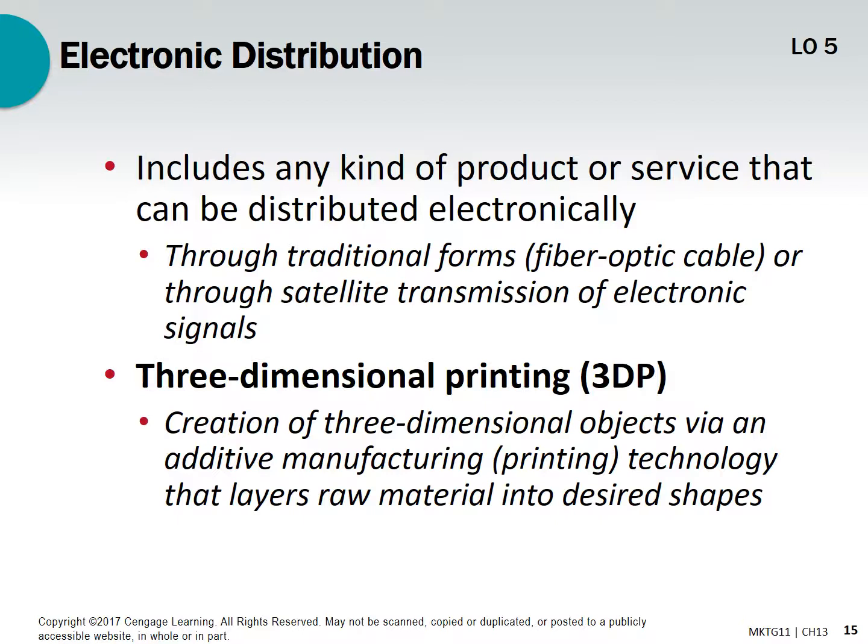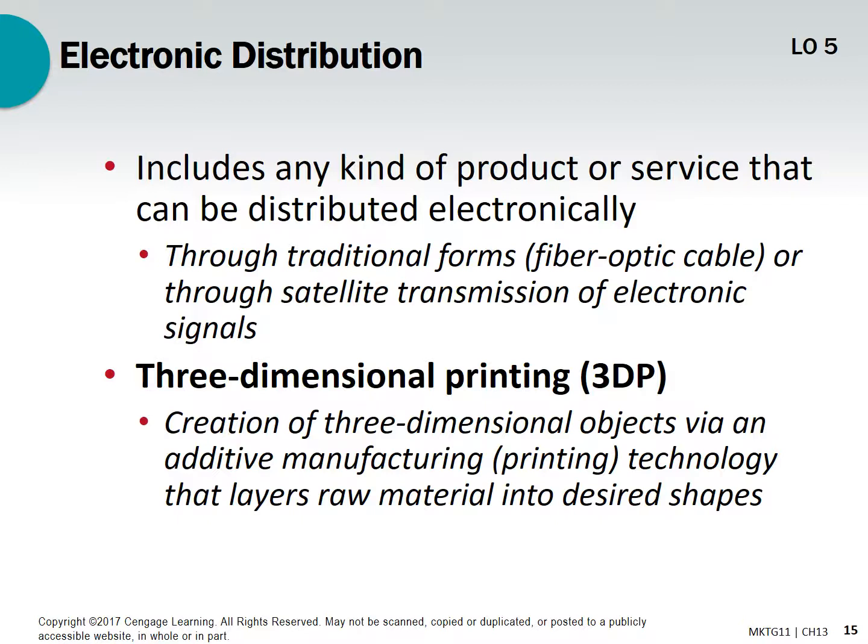Electronic distribution includes any kind of product or service that can be distributed electronically, whether over traditional forms such as fiber optic cable or through satellite transmission or electronic signals. In the near future, however, electronic distribution will not be limited only to products and services that are mostly composed of information that can therefore be easily digitized.